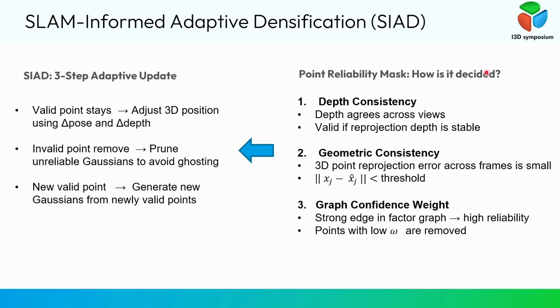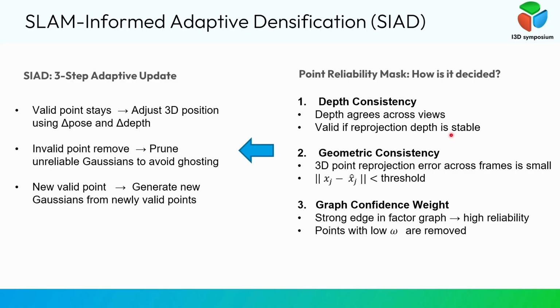This makes sure that the point depth is relatively the same across different views, and it is valid only if the reprojected depth is stable in the recent keyframes. The other one is geometry consistency. We introduce the 3D point representation error across frames, and we try to make that as small as possible, and we set a threshold to make sure the geometry won't go too far apart when the 3D points are supposed to be very close to each other.